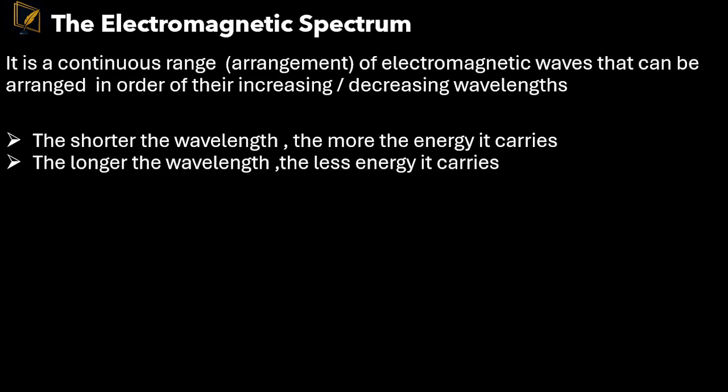So the shorter the wavelength, the more energy it carries. Waves with a shorter wavelength usually have higher frequencies, and if the frequency is high, that means it carries more energy. The longer the wavelength, which means the lower the frequency, the less energy it carries.